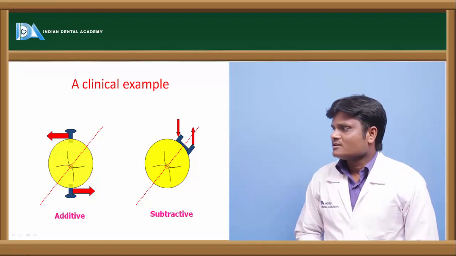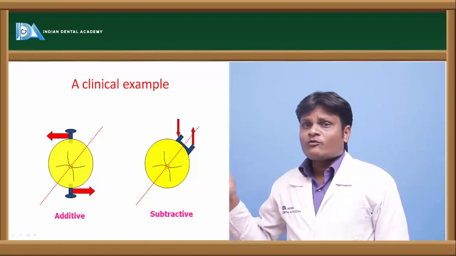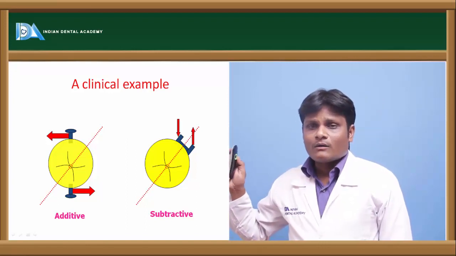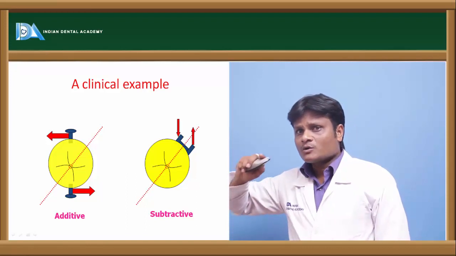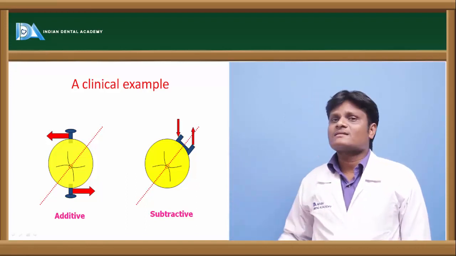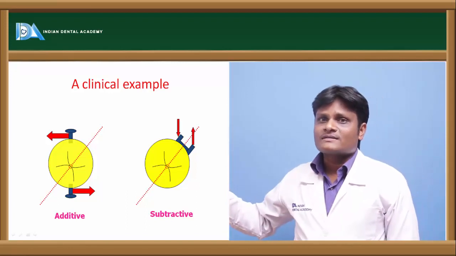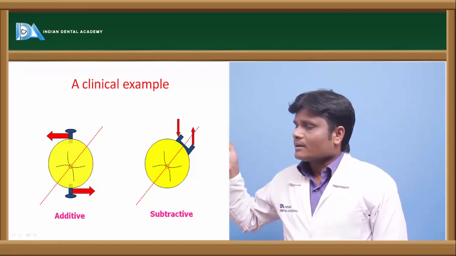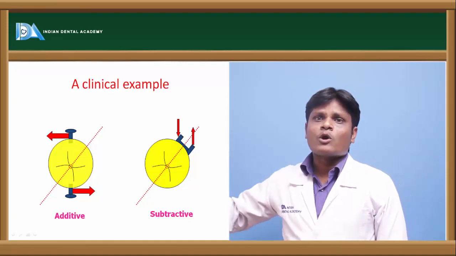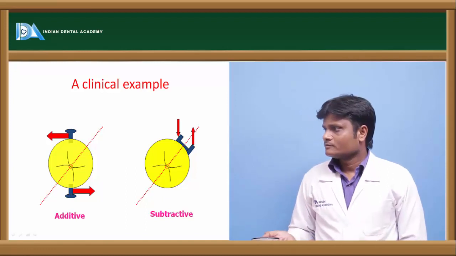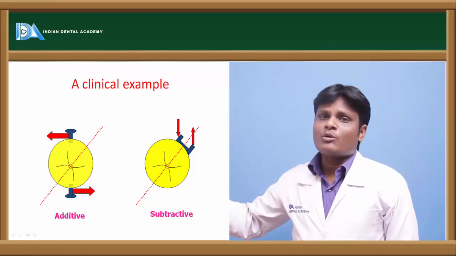In the second image, wherein the couple is provided, or the two forces are acting on only one side of the body, that means towards only one side of the center of resistance, then the effect of the moments created will be subtractive. That means the body will tend to rotate in the direction in which the effective moment is present.